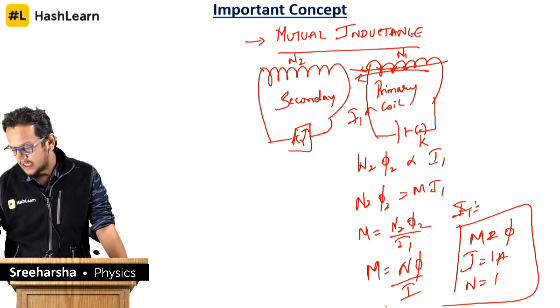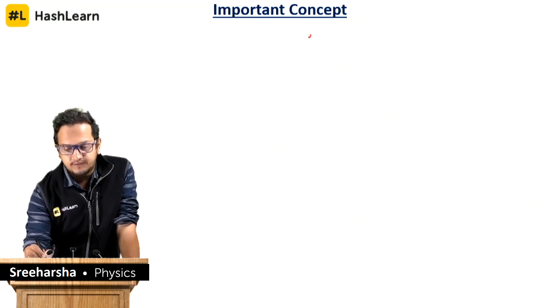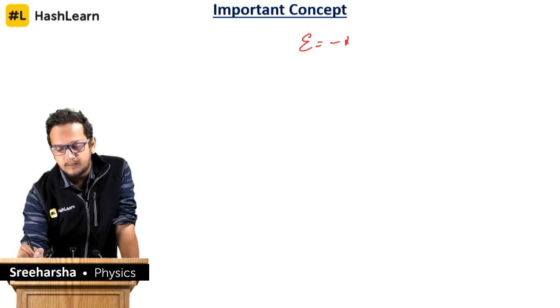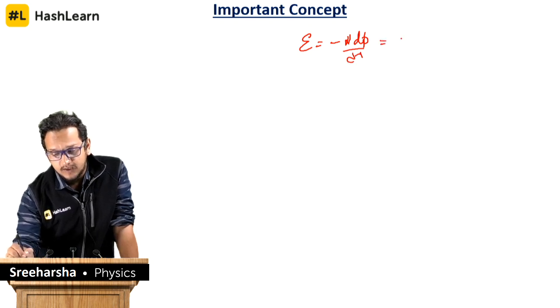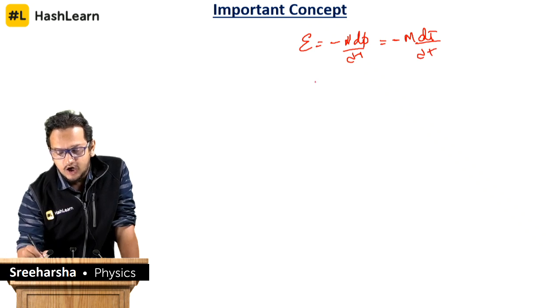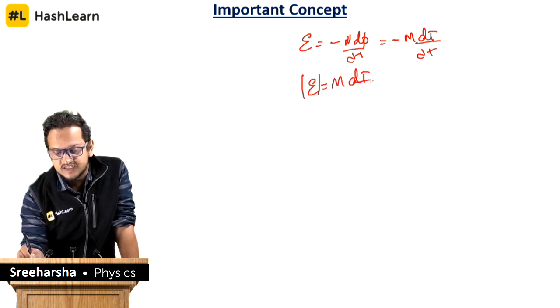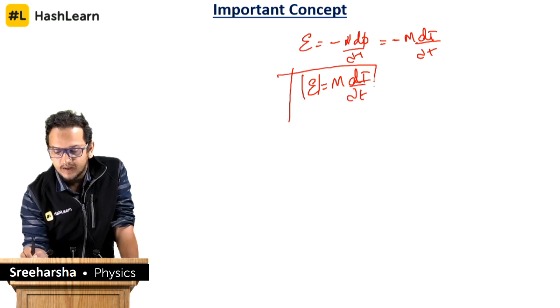in that coil. Now we have the expression for induced EMF, which is equal to minus N times d phi by dt, which is equal to minus M times di by dt, or the magnitude of the induced EMF is equal to M times di by dt.